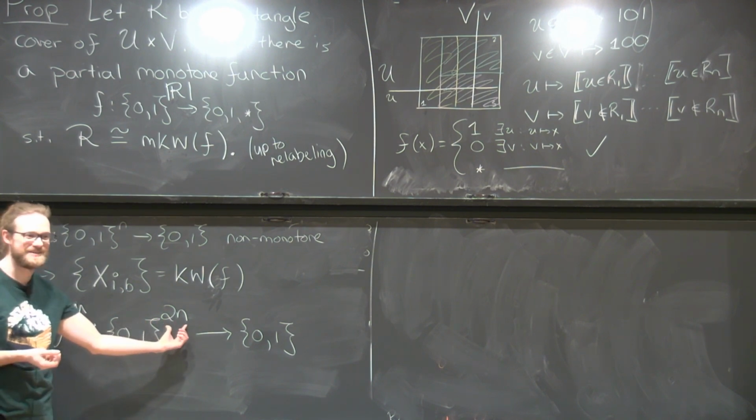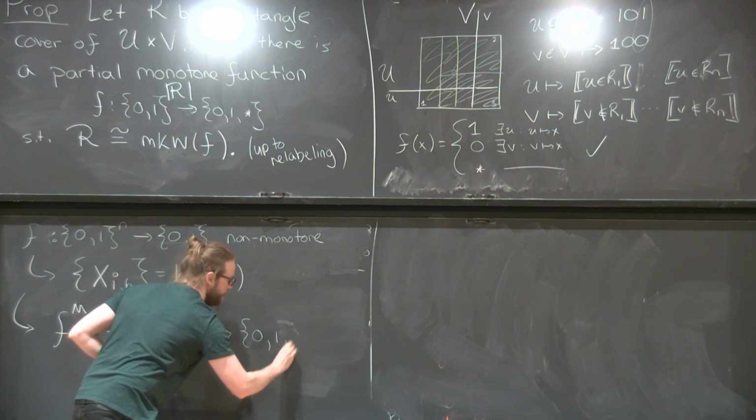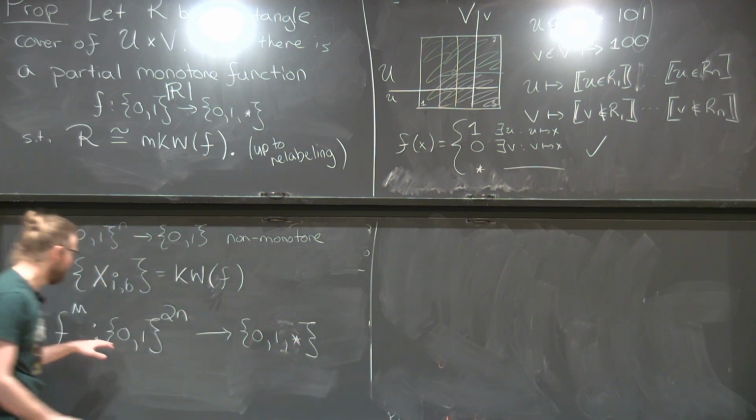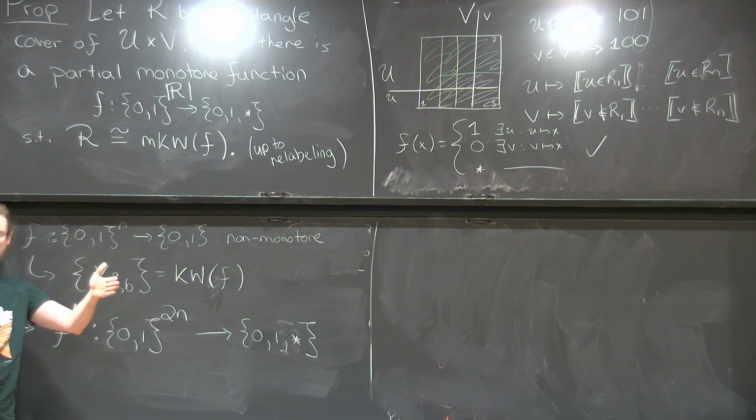Now, what could this possibly correspond to? It's actually a partial function. Every variable of the original function gives rise to one variable which corresponds to x_i, and one variable which corresponds to not x_i.